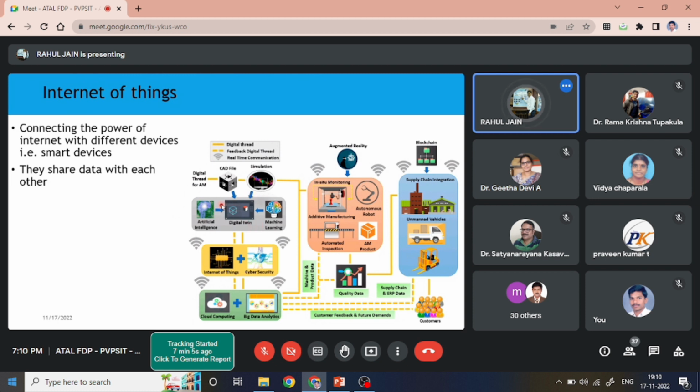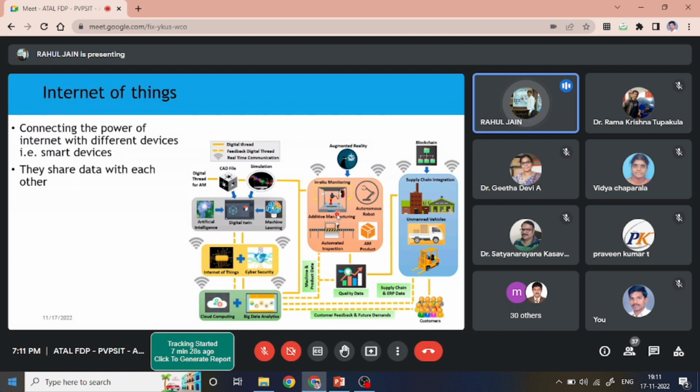So what goes as an input in the digital twin? One obviously is the CAD file of the model. Second is output from the simulation. We are aware of this finite element simulation. Using it, mostly in the context of additive manufacturing process, we can get various information.